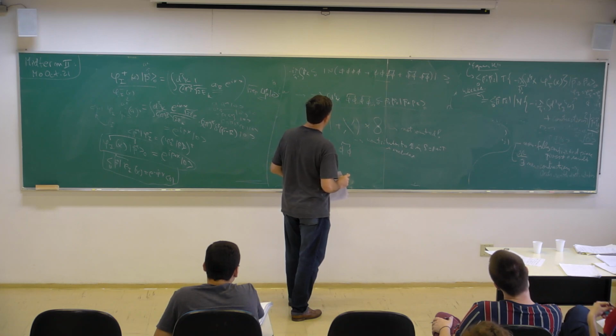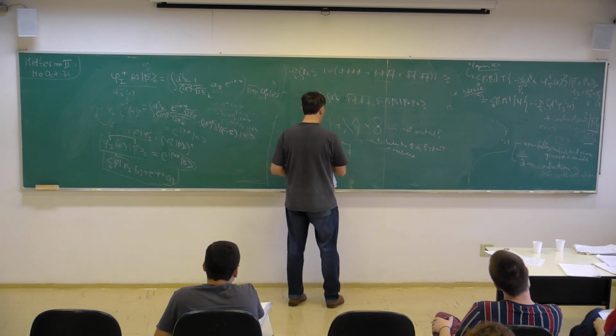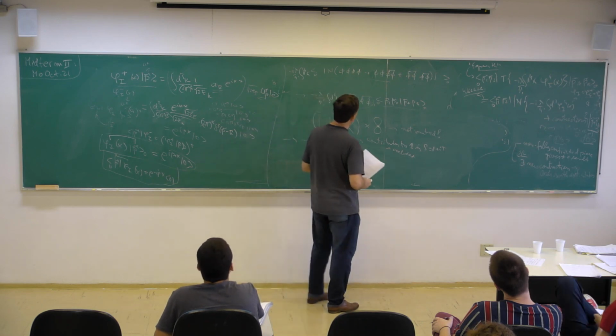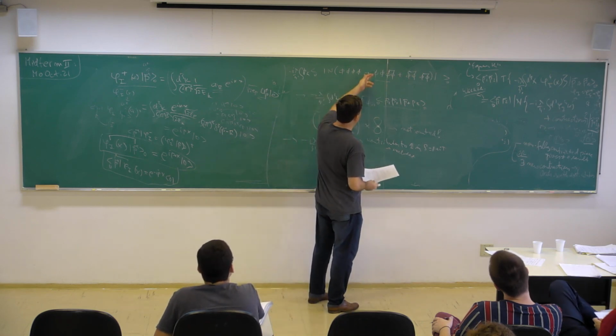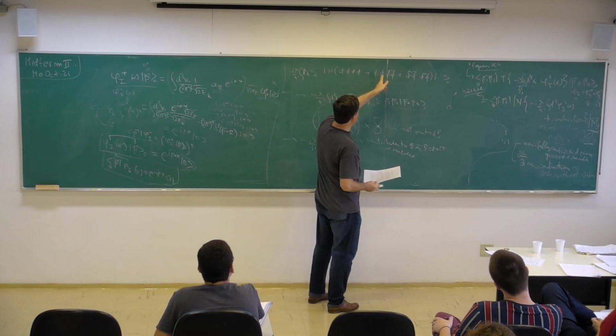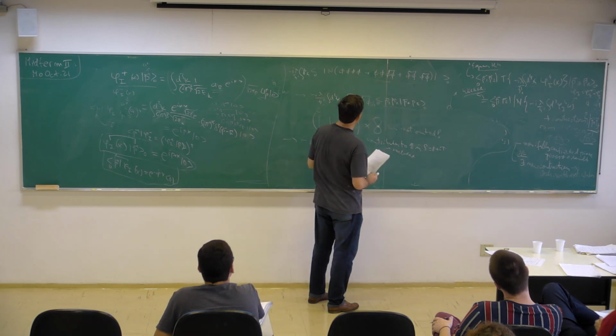Should be 3 times 2, no? I think. Pick one of the phi's, and then I have 3 choices with whom to contract. Oh no, sorry. Six.